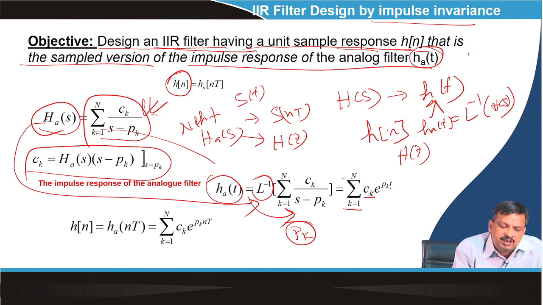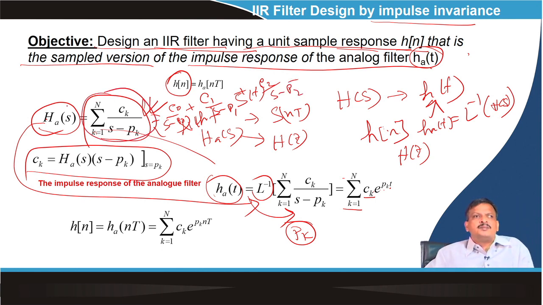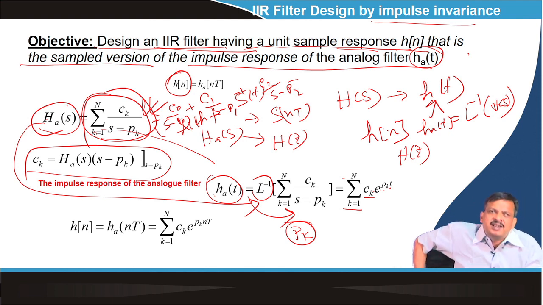What is this? This is nothing but C0 by S minus P0 plus C1 by S minus P1 plus C2 by S minus P2, like that. So, that is my H(s). If k varies from 1 to n, then the order of the filter is n.